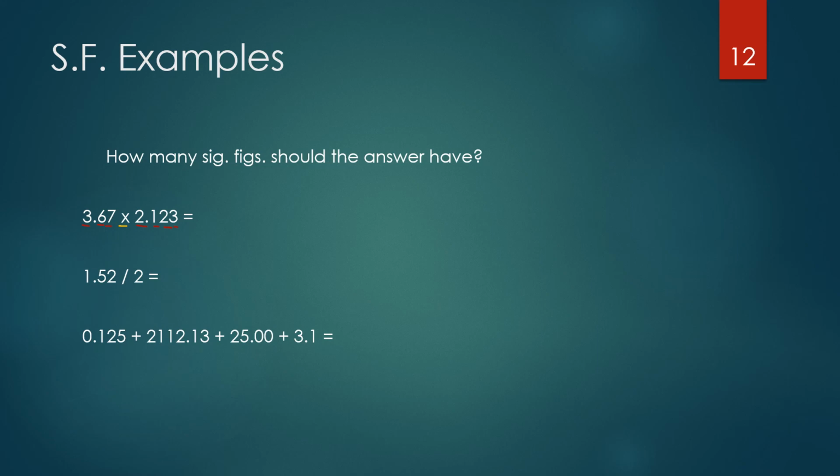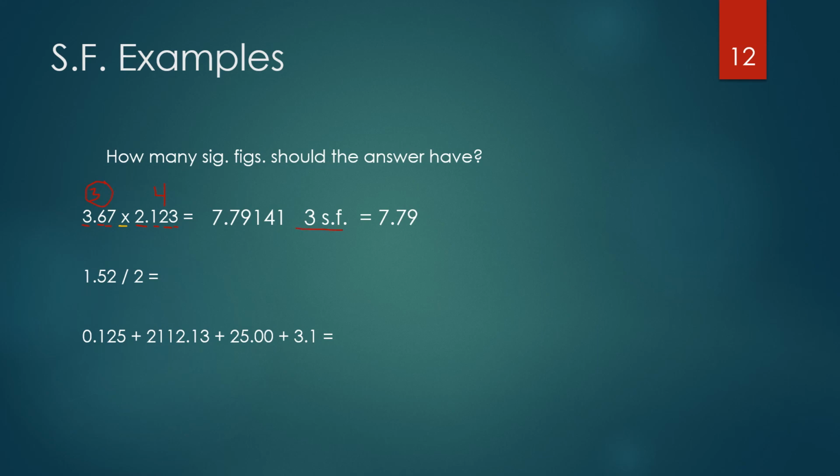So which number is smaller, 3 or 4? And the answer is 3. So that means we want our answer to be 3 significant figures. So 3.67 had 3 significant figures, 2.123 had 4 significant figures. 3 was smaller, so that means we want 3 significant figures in the answer.